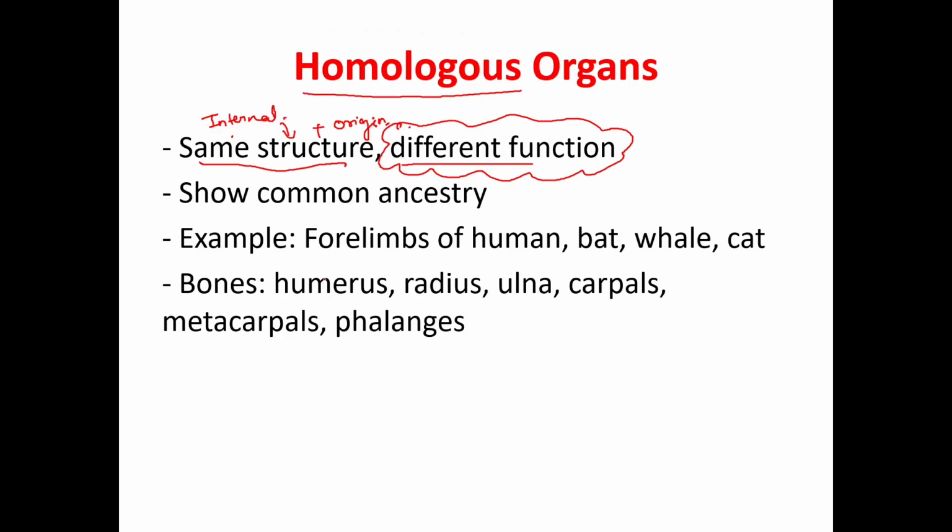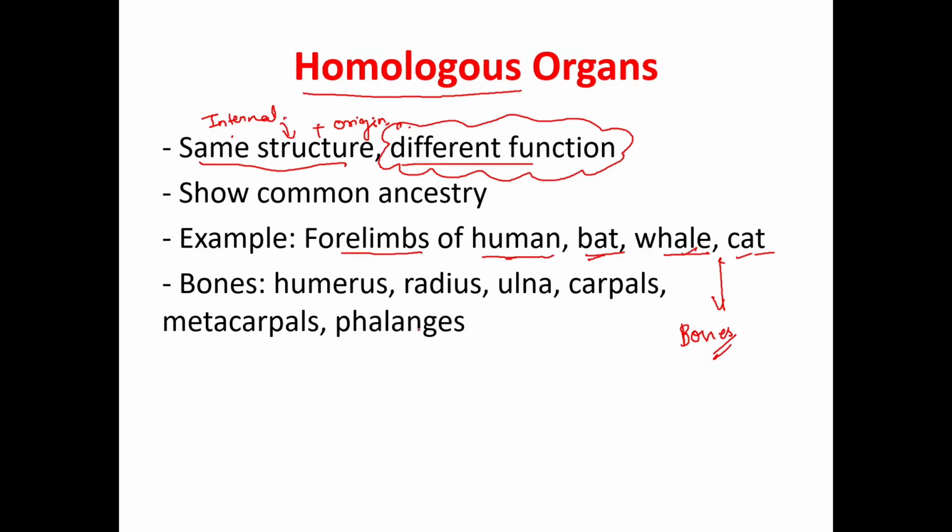Let's take an example. The forelimbs of a human, bat, whale and cat have the same origin, and the setup and arrangement of the bones are the same, but the function of the forelimb in human, bat, whale and cat differs.